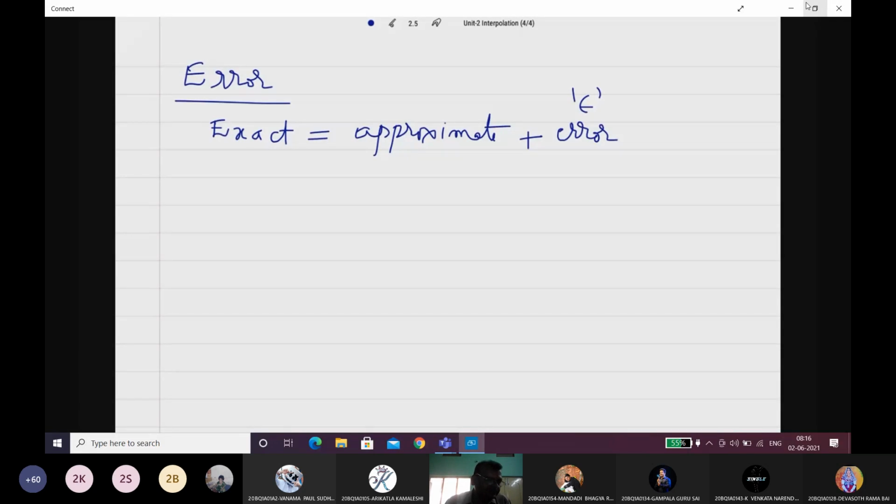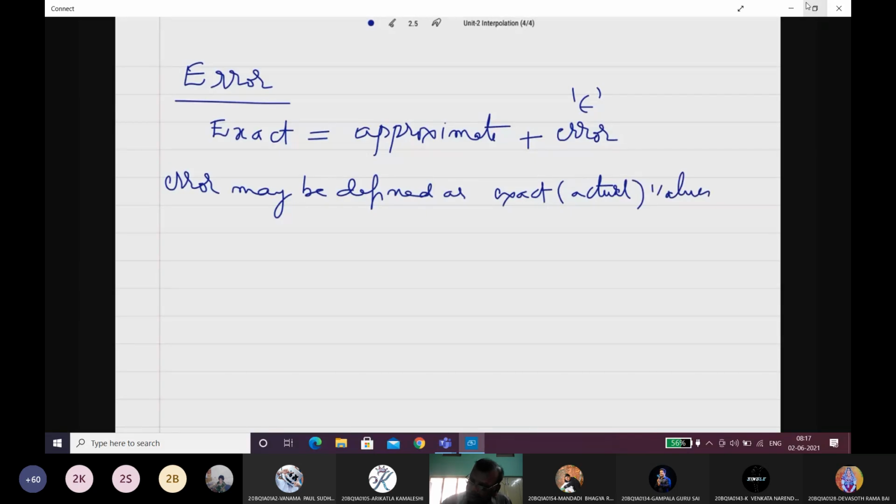The error may be defined as actual or exact values minus approximate values.